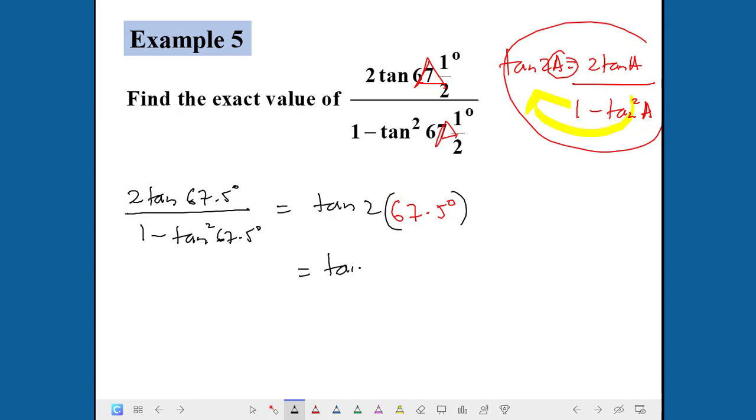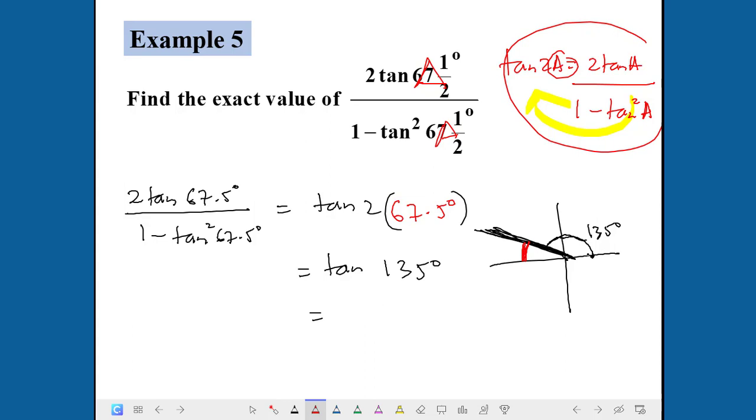Simplify: 2 times 67.5 is 135, so tangent 135. This is 90, and 135 is somewhere here. This line lies in the second quadrant.